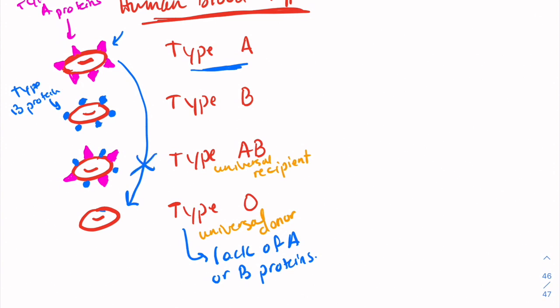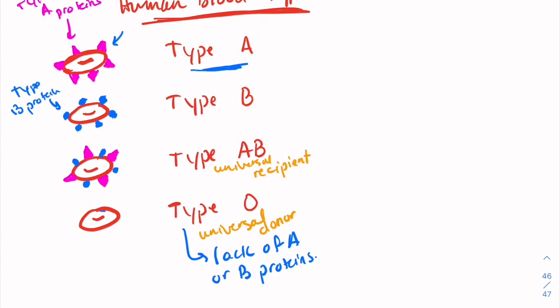So you can't do that. Likewise, you cannot give a type O person type B blood because their immune system has never seen these little B proteins. And likewise, do not ever give type AB blood to a type O person because their system has not seen the B proteins or these spiky A proteins at all.